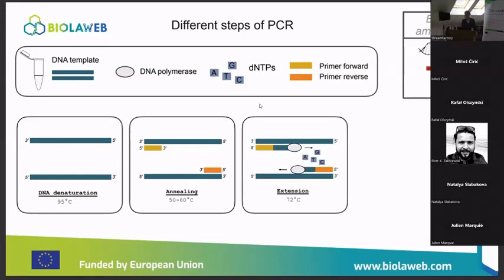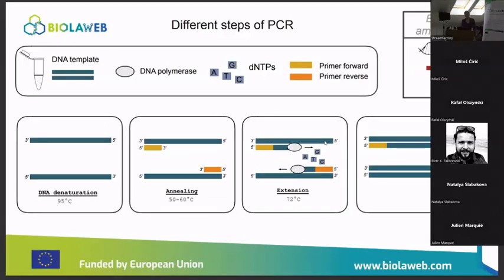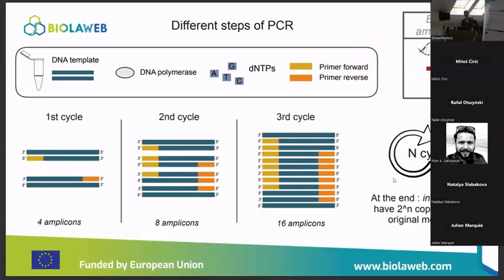And then the polymerase can do its job and extend the complementary strands based on the sequence of the first one. And then at the end, you have two new molecules of DNA. And we repeat it a lot of times, for 25, 30 cycles. And then it will be exponential. You will increase the number of molecules you got. And those molecules will be at the length delimited by the primers.